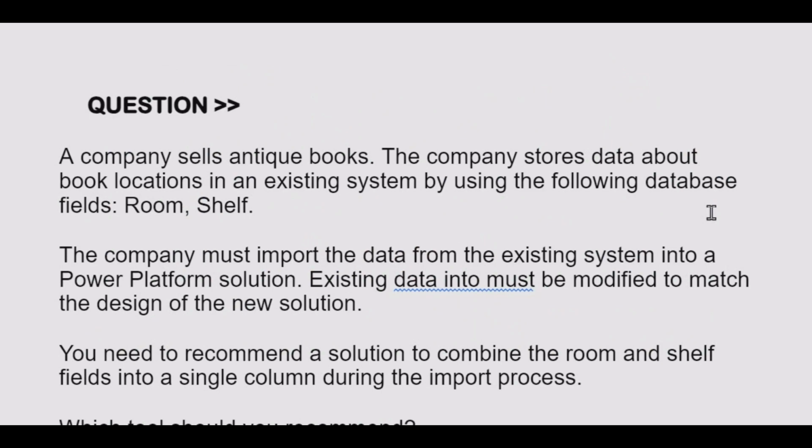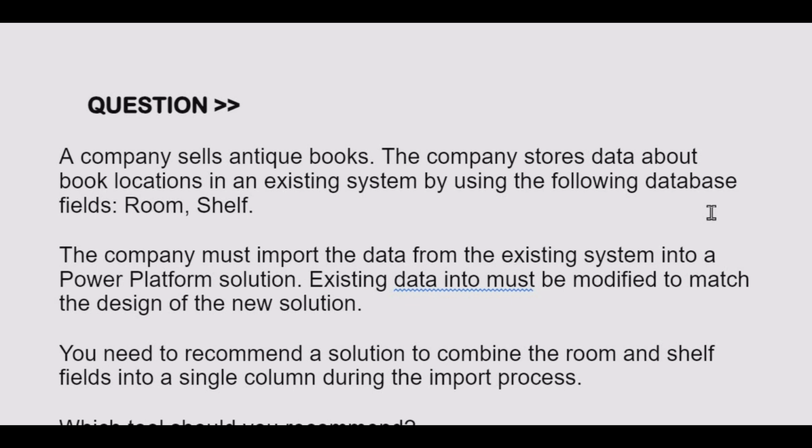The question is, a company sells antique books. The company stores data about book locations in an existing system by using the following database fields: room and shelf. The company must import the data from the existing system into a Power Platform solution. Each existing data entry must be modified to match the design of the new solution.